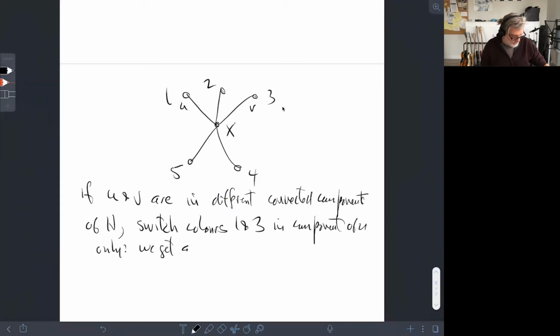We get a new proper 5 coloring of G prime, but this time, here's what we get.